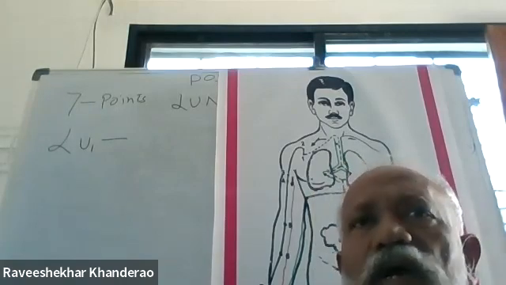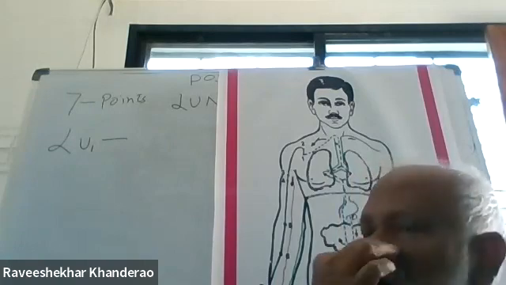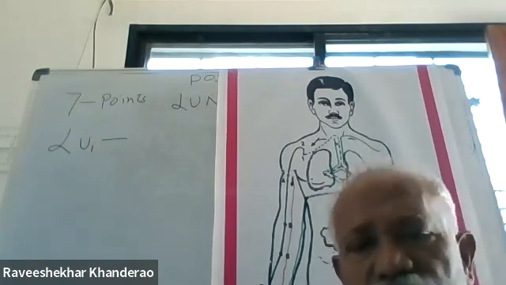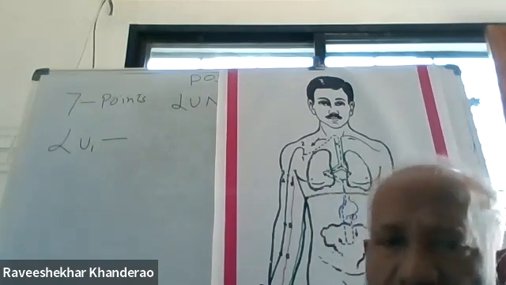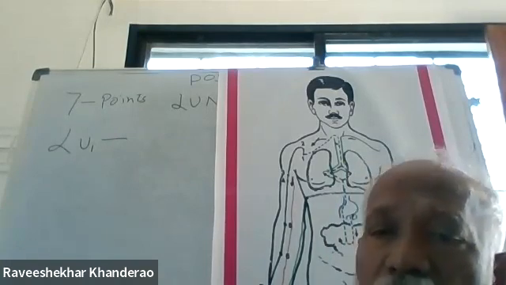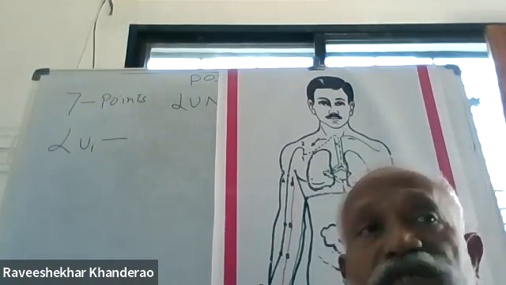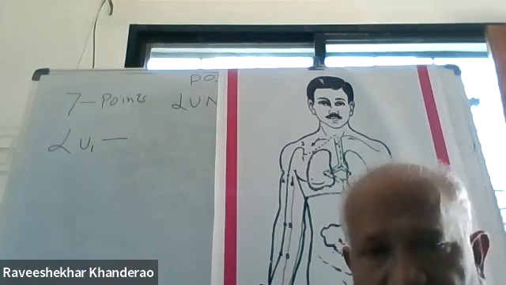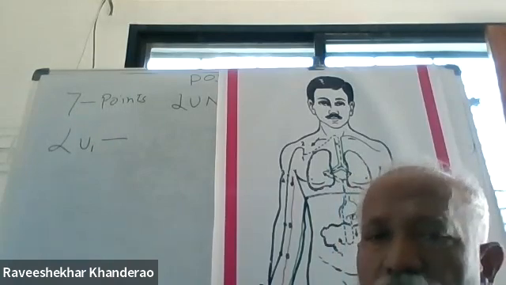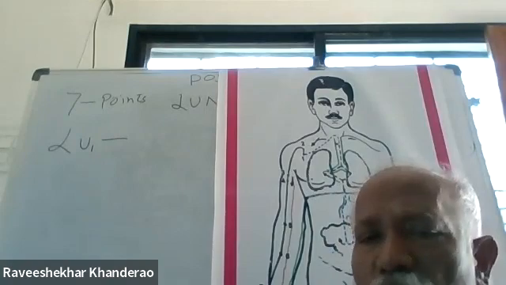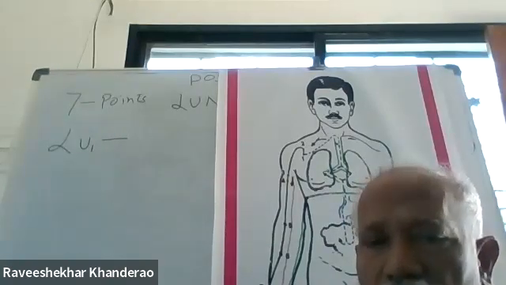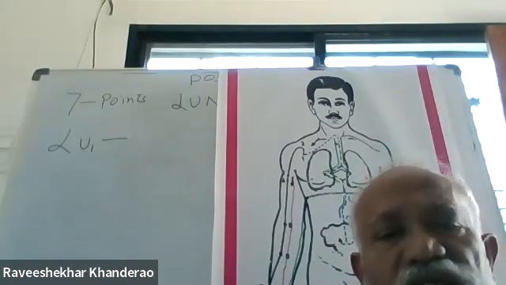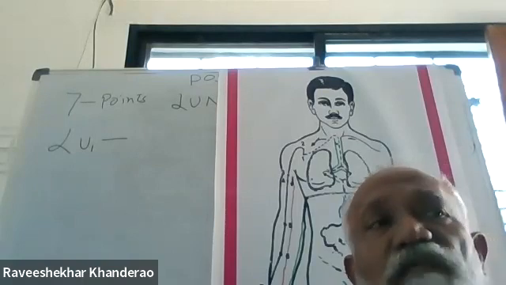I have already introduced you to all these terms, so it is easy for you to understand. Lung 11 is the Jing-well point of the meridian. Lung 9 is the mother point. Also, lung 9 is a Xi-cleft point of the lung meridian.